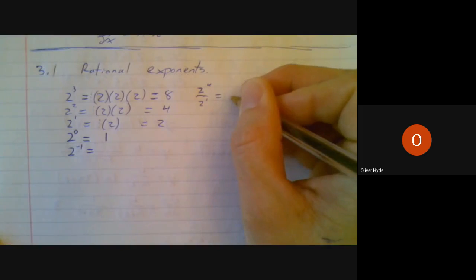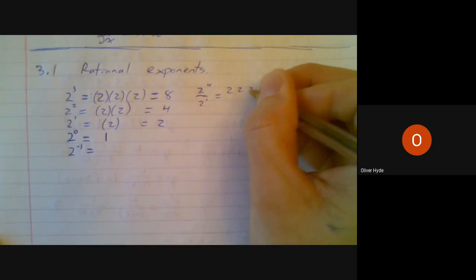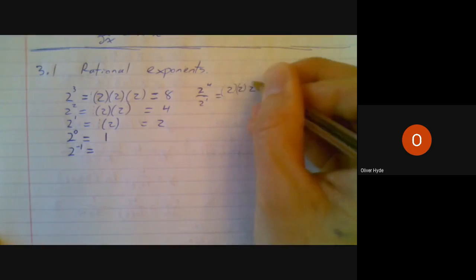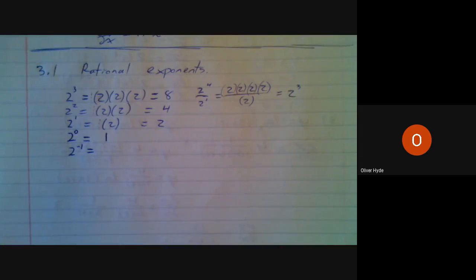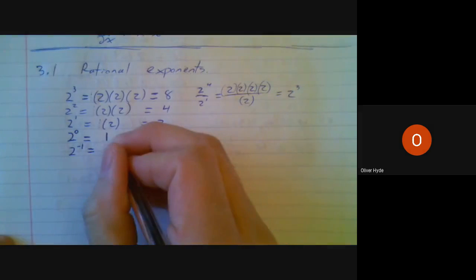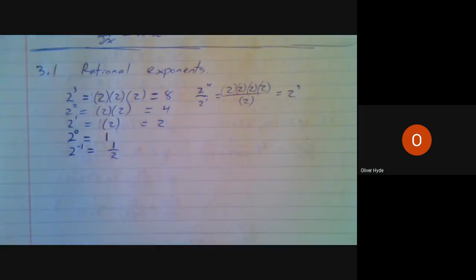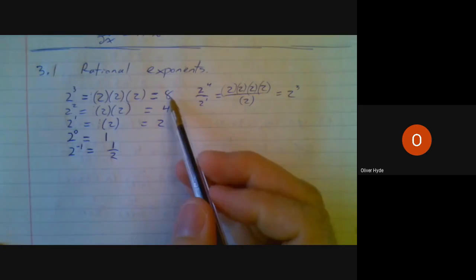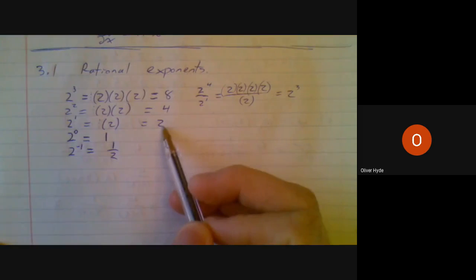If I write 2 to the exponent 4 divided by 2 to the exponent 1, that means that there are going to be 3 more factors in the numerator than there are in the denominator. So there is a surplus of 3 factors in the numerator. Here there's a deficit of 2 factors, which means that there's going to be 1 more factor of 2 in the denominator. That would follow from my patterning as well. Half of 8 is 4, half of 4 is 2, half of 2 is 1, half of 1 is 1/2.